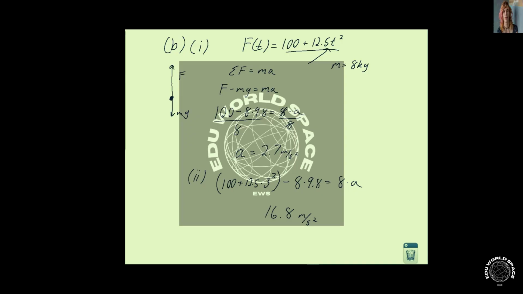And now in the final part, we're just firing this rocket in empty space, so now our free body diagram doesn't have mg anymore, it's just got F. And they want to know what the rocket's acceleration is going to be 3 seconds after we fire the rocket. So again, we're going to have that force at 3 seconds, which is going to be 100 plus 12.5 times 3 squared.